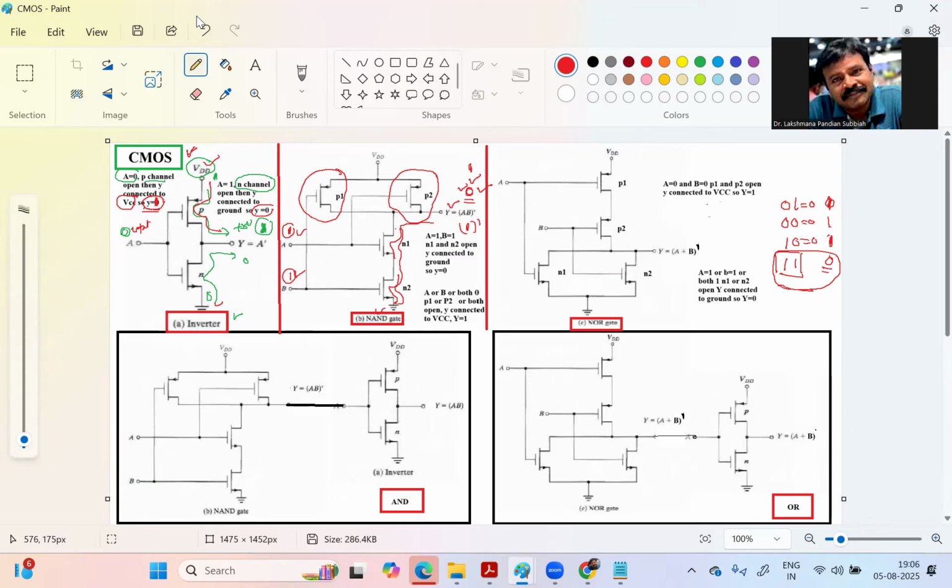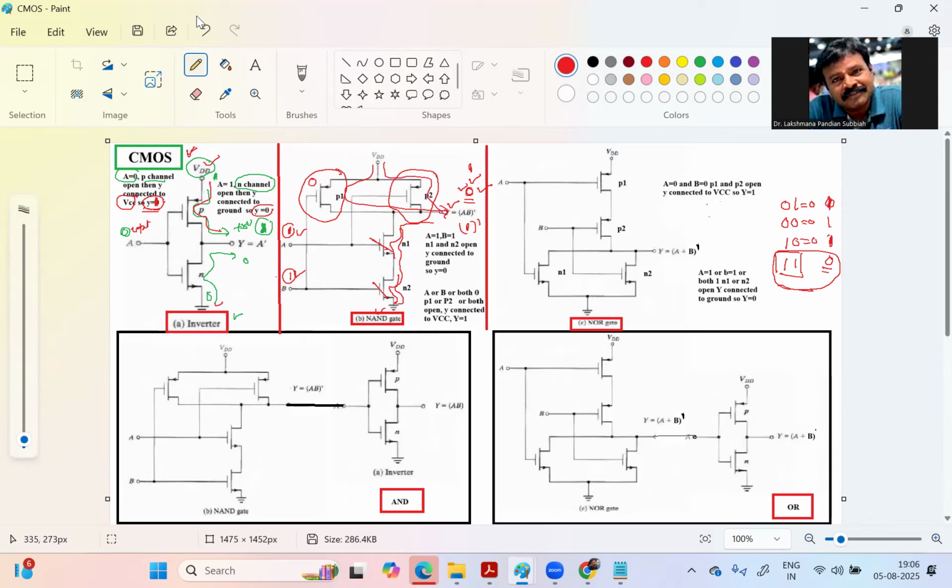So at the time that there is a 0, one channel is closed. Wherever we have 0, the N channel is closed, then the 0 is applied to the parallel P1 or P2. If you are applying 0 to P1, the P1 is open, then our output is connected with voltage. Or otherwise, if B is 0, then that one is connected. It's parallel.